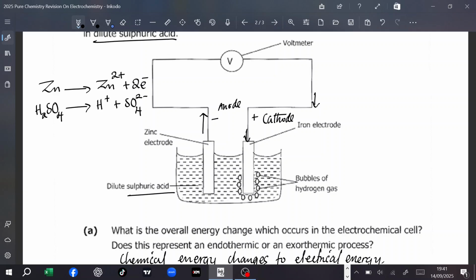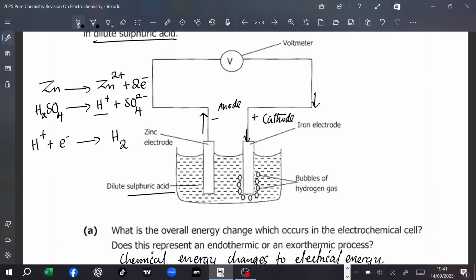This hydrogen is the one which gains those two electrons. So hydrogen gains an electron to become a hydrogen atom, and two hydrogen atoms combine to form a hydrogen molecule.